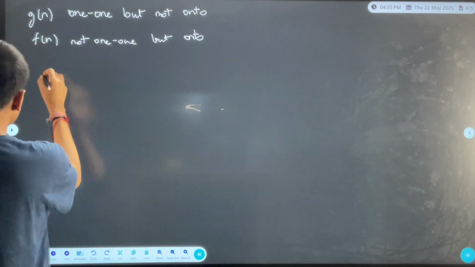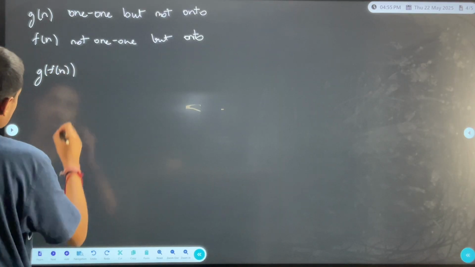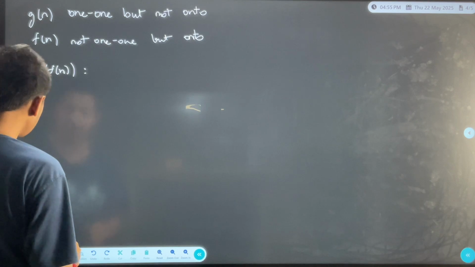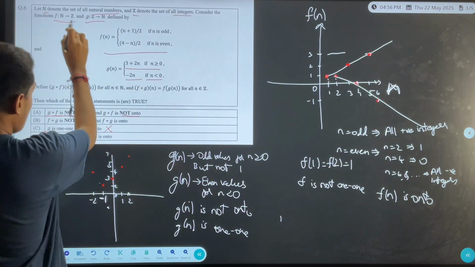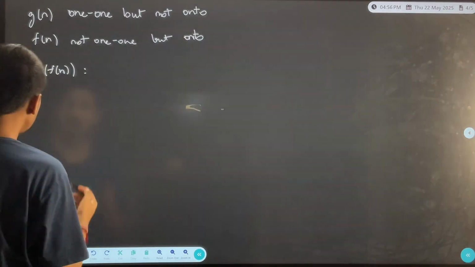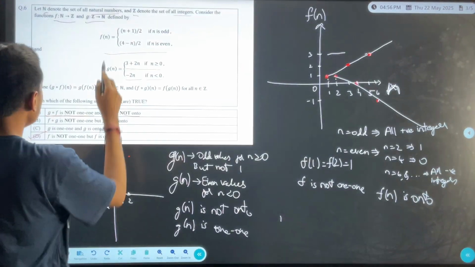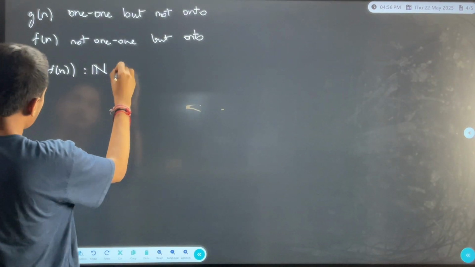Alright, so now let's look at g of f of n. This function will be defined from the domain of f, which from here is N, and its output will be the codomain of g, which is again N. So that means this function is defined on N to N.